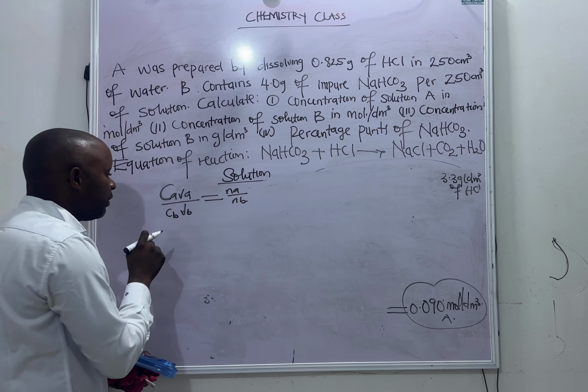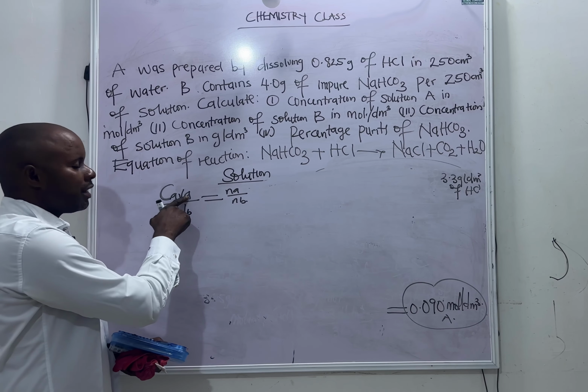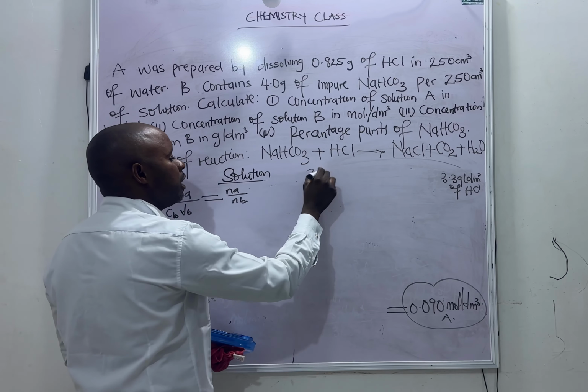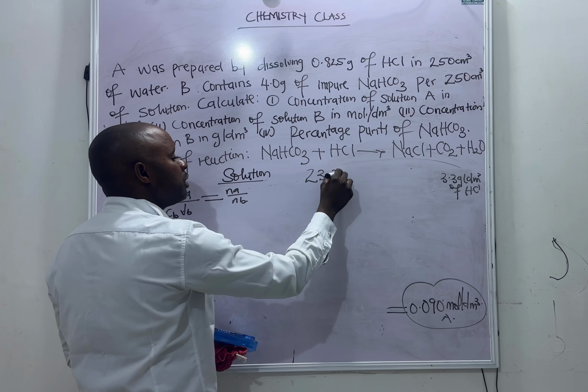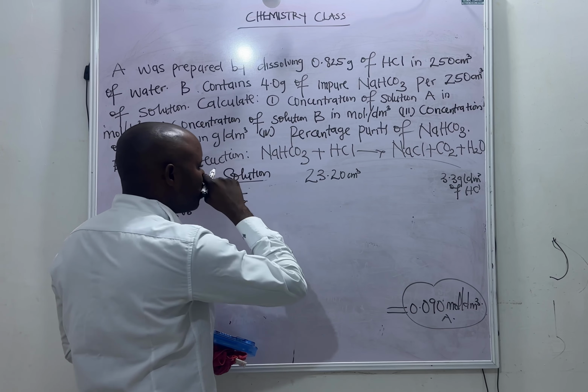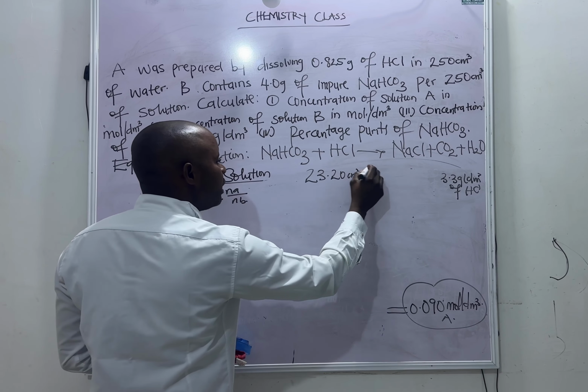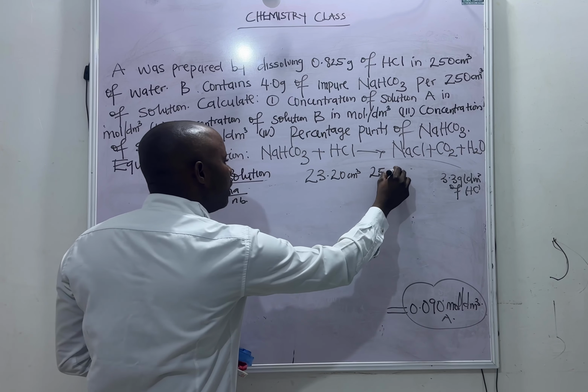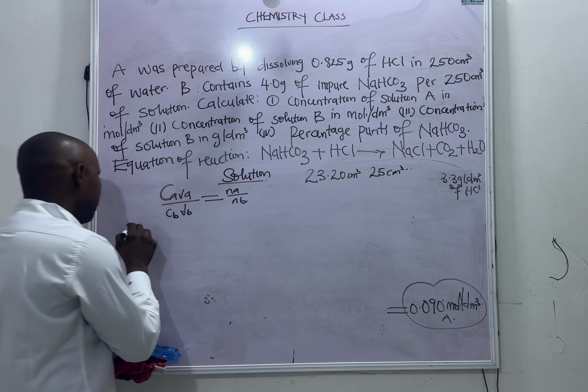In this aspect, we're going to use the volume of acid, which is your titer value, 23.20 cm cube. The volume of pipette we use is 25 cm cube as well.